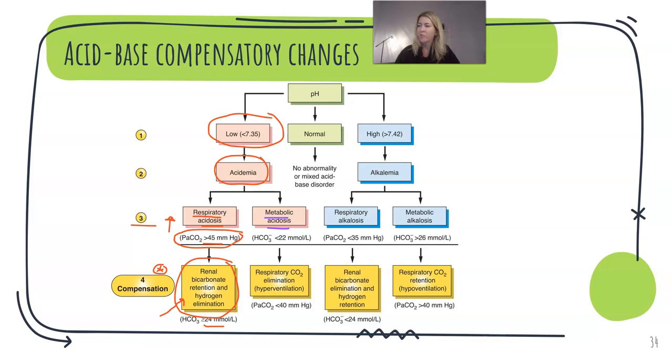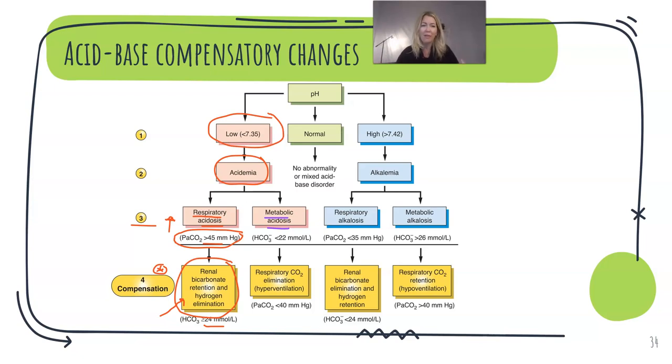So we're still in acidosis, but this time it's metabolic, which means it's something going on with the kidney, okay? It could also be that the person is in diabetic ketoacidosis, a severe ketoacidosis, starvation, anything that causes an increase in the H plus, the hydrogen ions, or anything that's getting rid of too much bicarb.